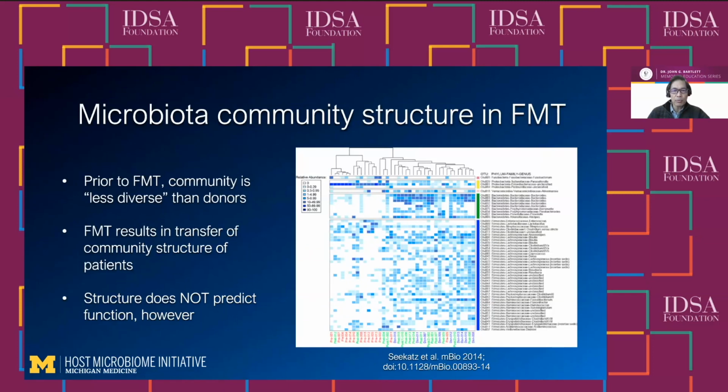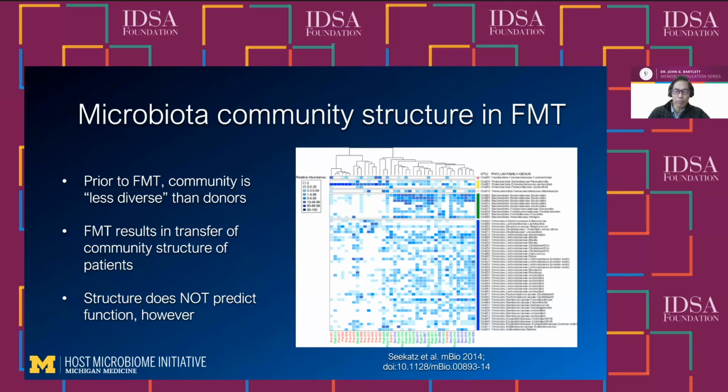But basically what we showed, to make a long story short, is that we were able to transfer microbes from patients who had a normal gut microbiota, and in this particular case, those samples are indicated in blue on the heat map over there, compared to the patients who had the recurrent C. difficile in red, which had a less diverse microbiota. In other words, it looked like it had been exposed to many rounds of antibiotics. Not as many organisms are there.